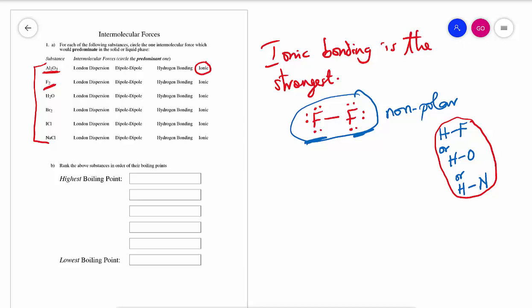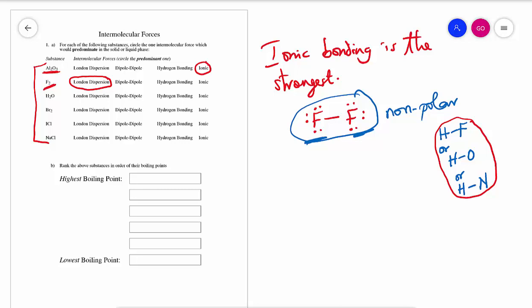For you to have ionic bonding, there must be a metal. So, what is the only intermolecular force present in F2? That would be London dispersion. And since it is the only intermolecular force present, it would also be the predominant force.